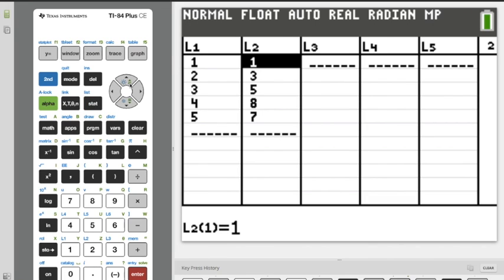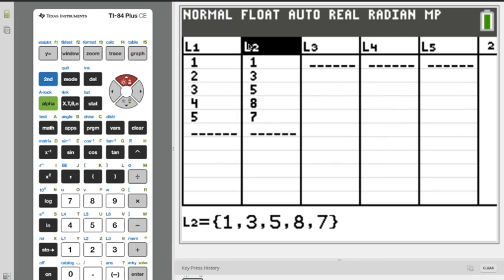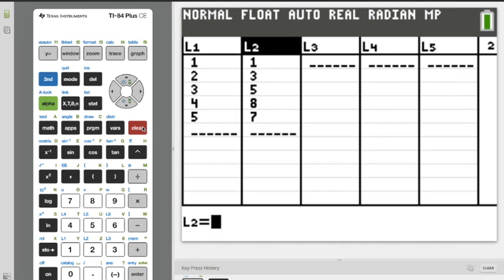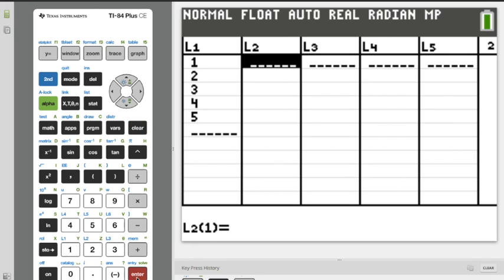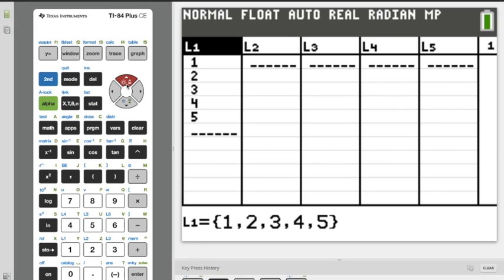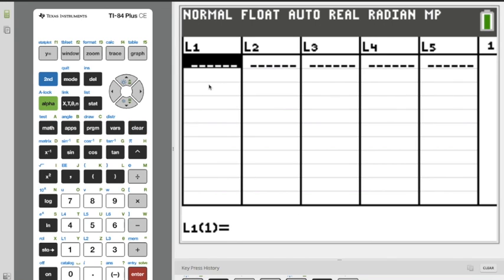To erase all of the values in these tables, you have to go up to the list number. So this is L2. You got to hit Clear, and then you have to hit Enter, and it will erase everything in that list. So same thing for L1. Got to hit Clear, Enter, and then you can start fresh again.